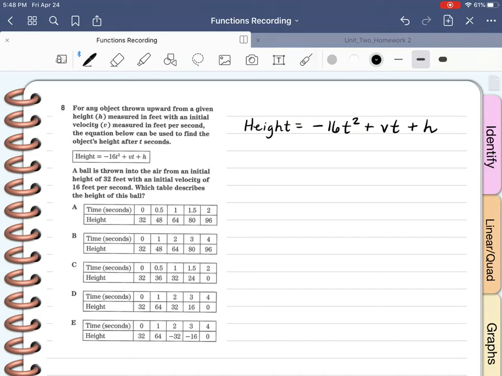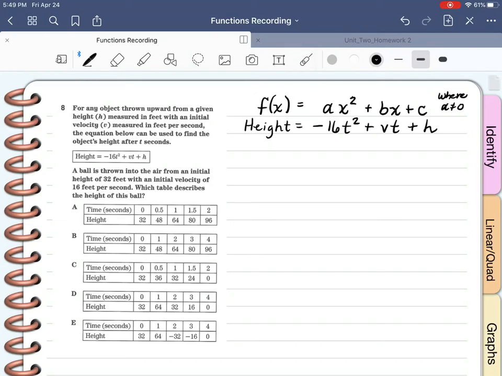So this kind of looks like what we have studied, and then it kind of doesn't. We're used to something that looks like f of x equals ax squared plus bx plus c, where a cannot be 0.